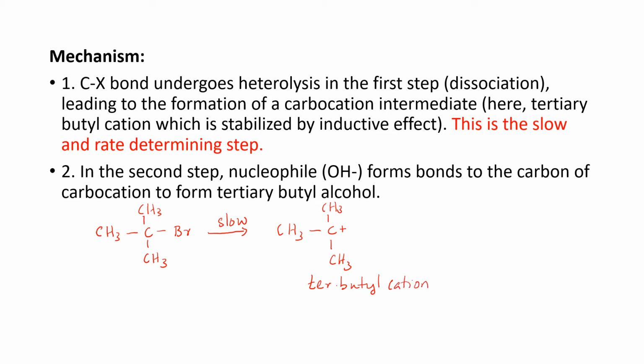And in the fast step, this cation is attacked by the nucleophile OH minus, and we get tertiary butyl alcohol as the final product.